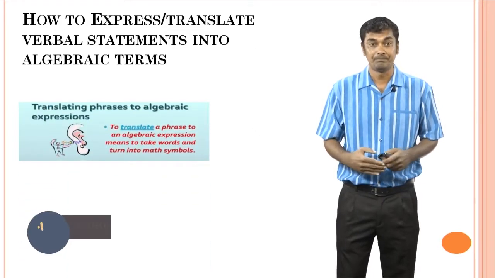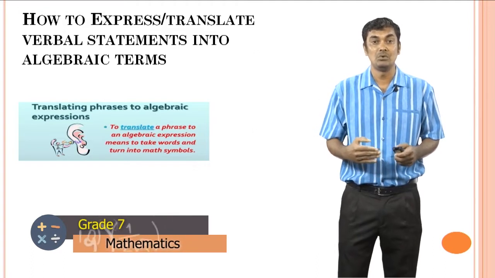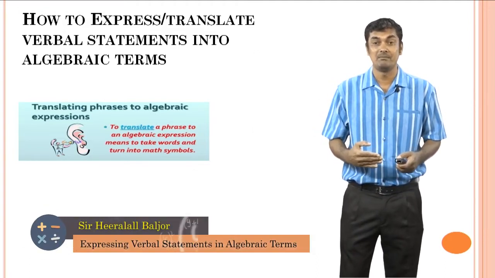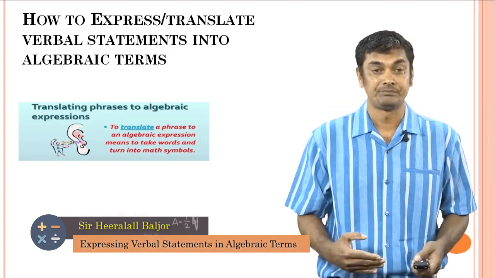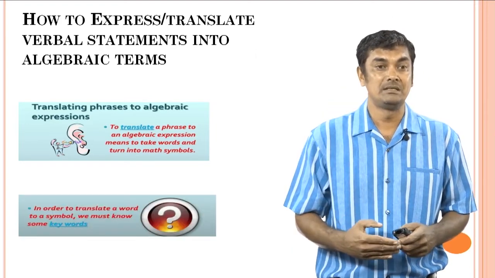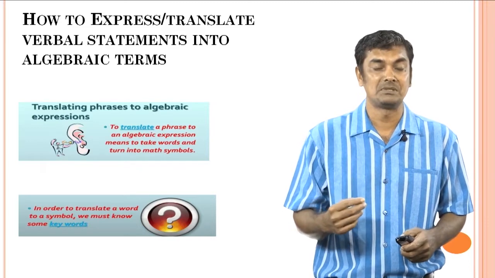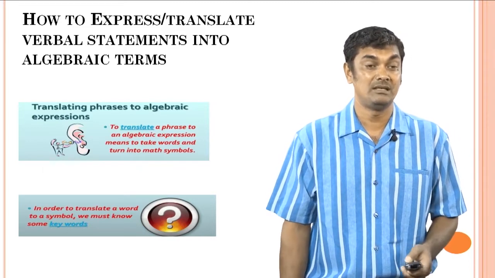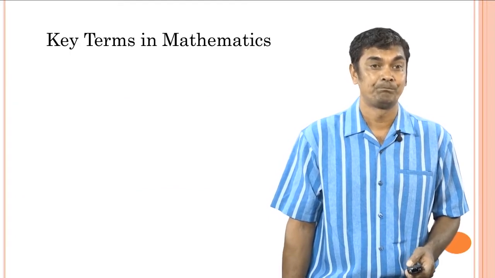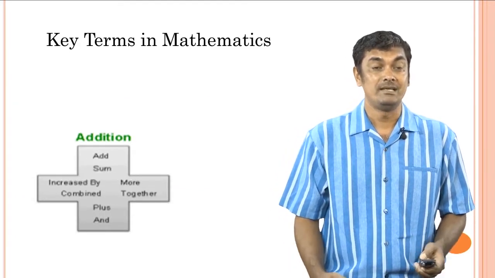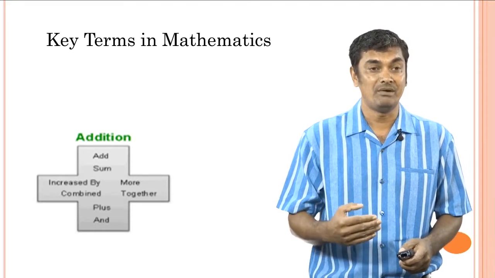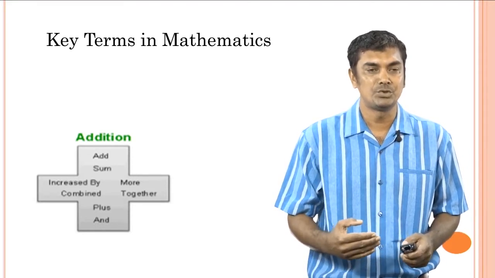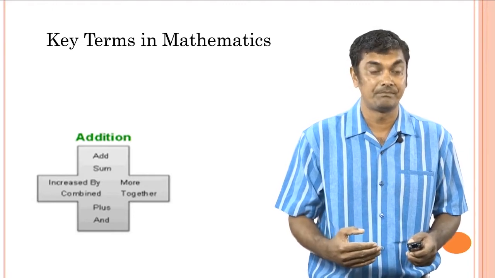So, the first step in translating, we need to know the phrase and express it from the worded form in mathematical symbols. For us to do that, we need to take some words and know some key terms in mathematics. And what key terms are we talking about here? Addition. When we make reference to addition, you would hear some interesting phrases come up.